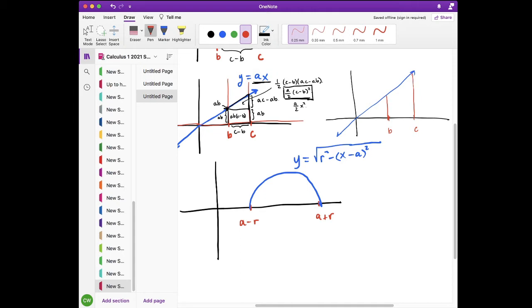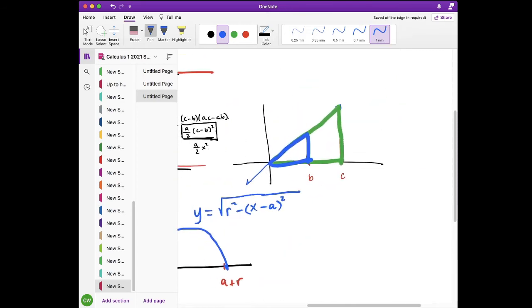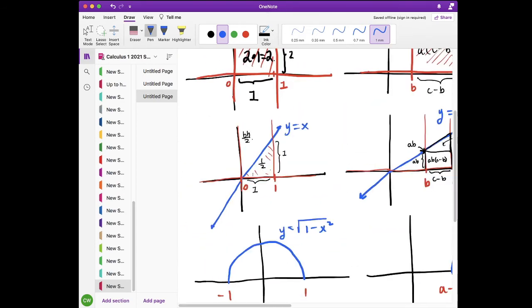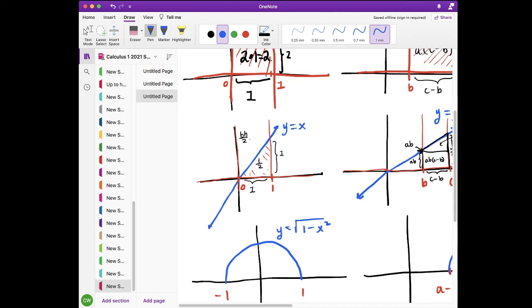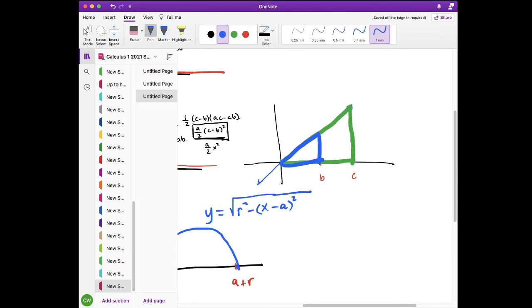So the big triangle is this one, and the small triangle is this one. All right, so this one is easier in some regard because this is just a case of the first one where they both start at 0. So let's calculate that.